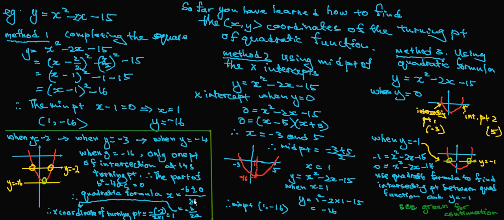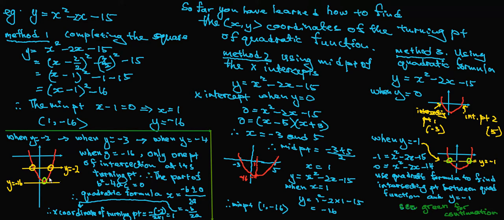Okay, so when this happens, the b squared minus 4ac part of your quadratic formula becomes 0. So in your quadratic formula, the x value is only minus b over 2a. But remember, when there is only one intersecting point, it is the time where the curve just touches y equal to minus 16.